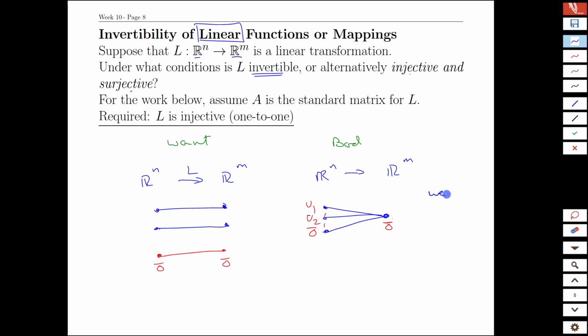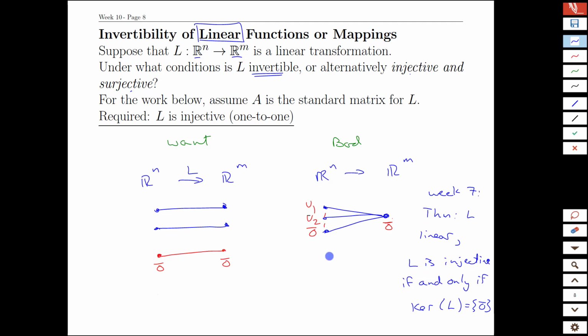In fact, if you go back to week 7, we had a lovely theorem that said if L is linear, then L is injective, in other words, it looks like this, if and only if the kernel of L is just the zero vector. So that means we're on this side of the category here where the only thing that maps to zero on the output is zero to start with.